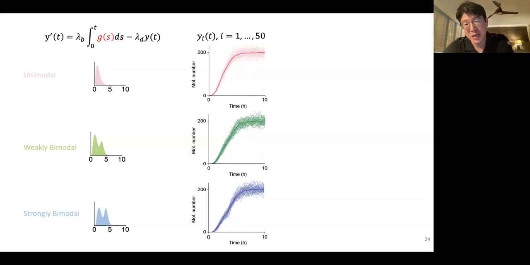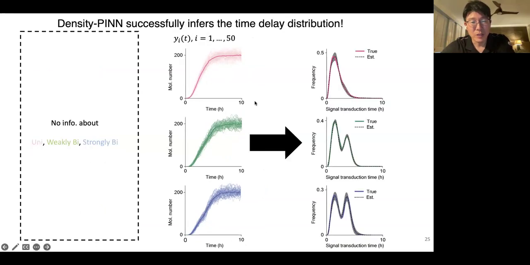With the human eye, it's not easy to tell which comes from the unimodal distribution or which comes from the bimodal distribution of the time delay. So now we will only use this time series data, with no information of the underlying delay distribution. When we apply the density PINN, you can see that it can completely recover the original underlying time delay distribution.